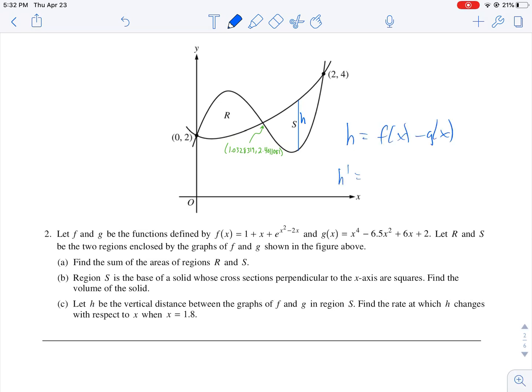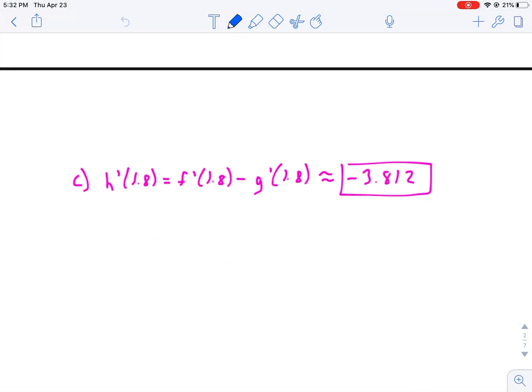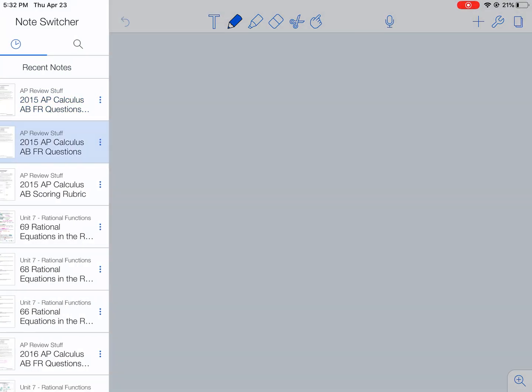And therefore, h prime equals f prime of x minus g prime of x. And we just want to know when x is 1.8. So you find f prime of 1.8, plug in 1.8 right there and right there, which you can just do with Math 9. You don't actually have to find the derivative. And there you go.